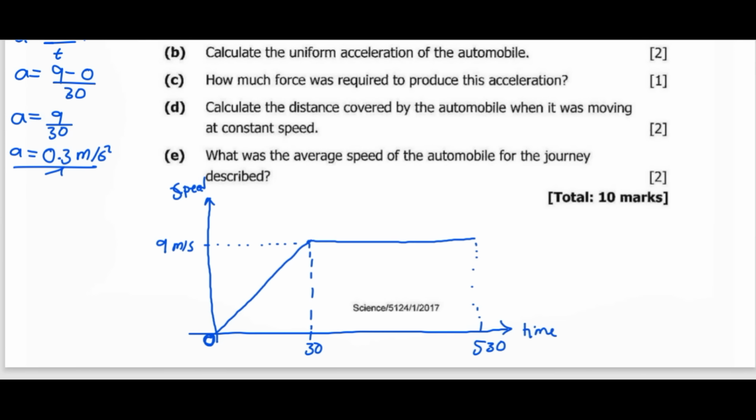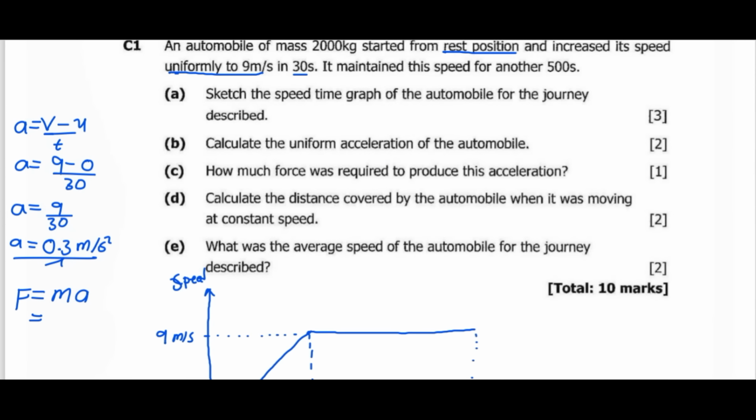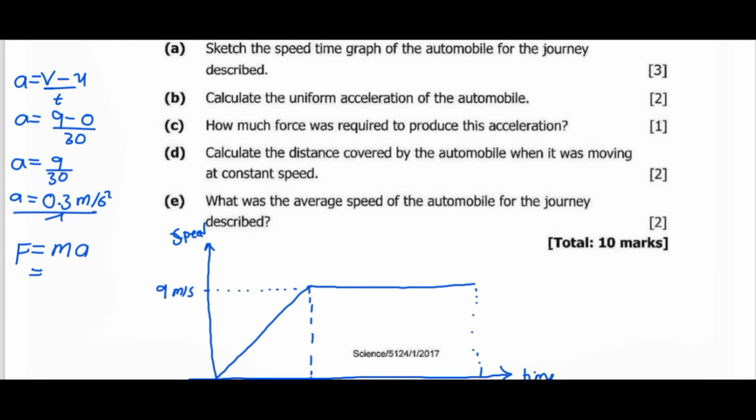Then question C, how much force was required to produce this acceleration? Here we are going to use Newton's second law of motion. Force is equal to mass times acceleration. The mass is 2000 kg, so 2000 times 0.3.